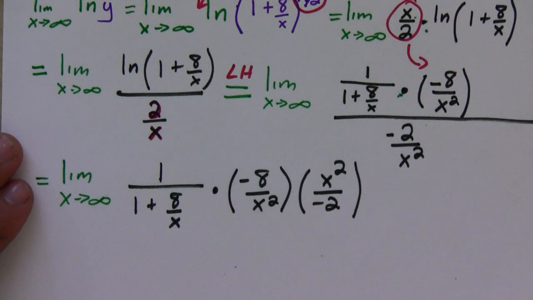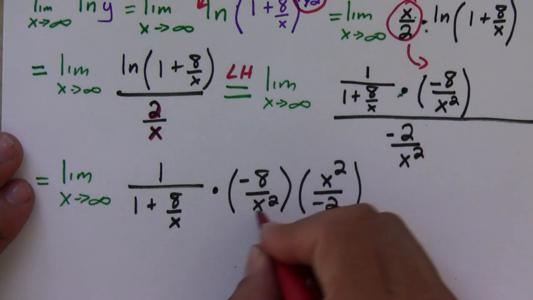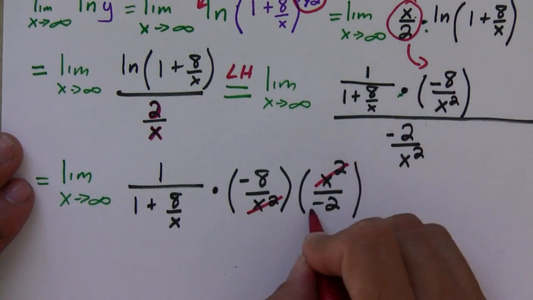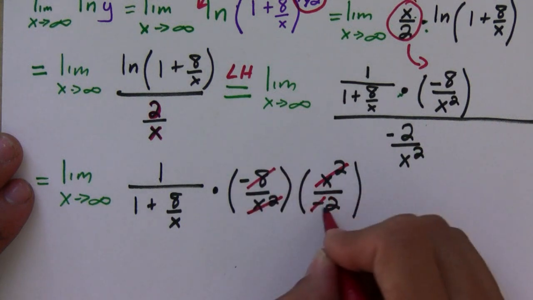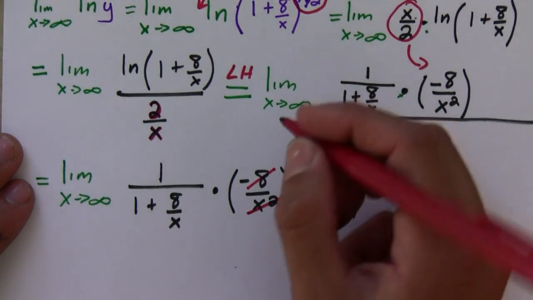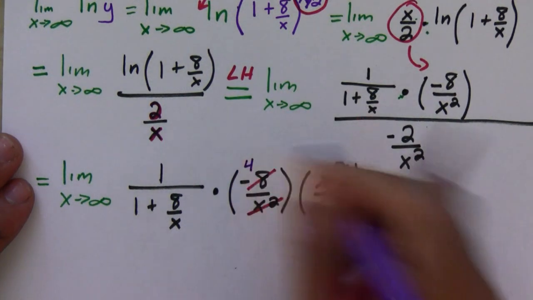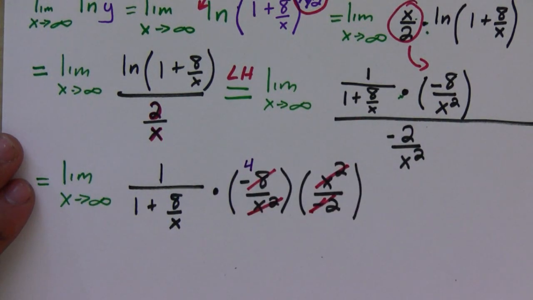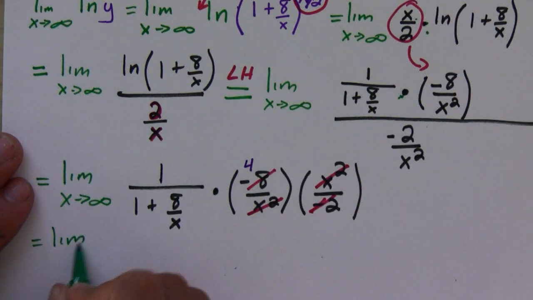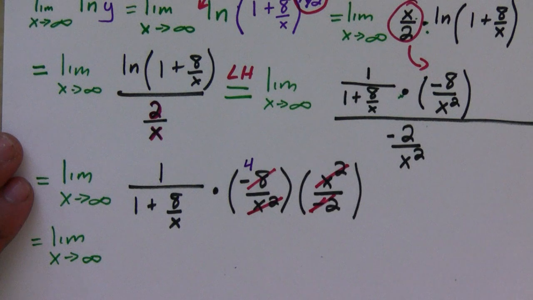If I simplify, I notice that the x squareds cancel, and the negative 2 and the negative 8 reduce to a positive 4 on top. So this becomes the limit as x goes to infinity of 1 over 1 plus 8 over x times 4.